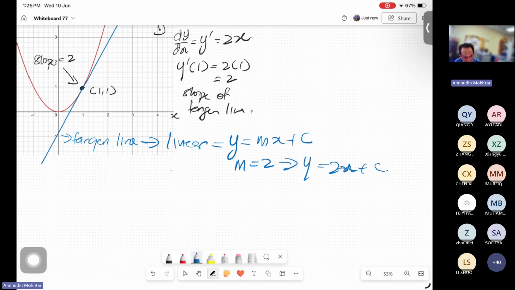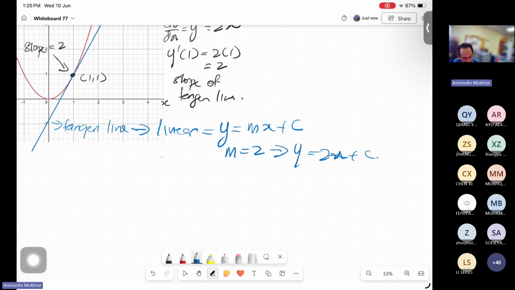Based on topic 1, please refer to topic 1. We can find the linear equation by using y minus y1 equals m times (x minus x1). So we need to know m, and one coordinate point.